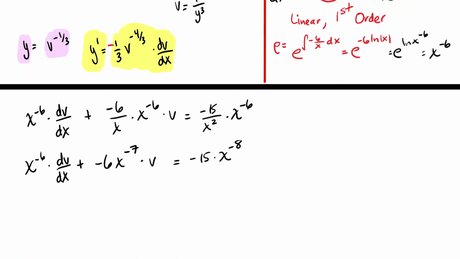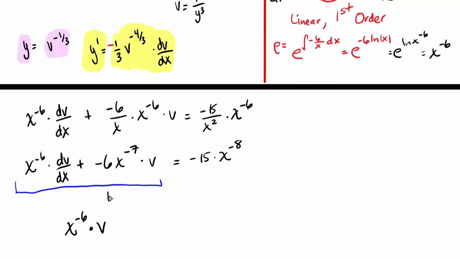Now once we multiply through by our integrating factor, we notice that the left side is of the form of the result of product rule, where we have our first term times the derivative of the second plus the derivative of the first term times the second. So as we integrate both sides with respect to x, since we know that what we're looking at on the left side is the result of product rule, integrating it just takes us back to the original product of functions that you were going to take the derivative of, which in this case is x to the negative 6 times v.